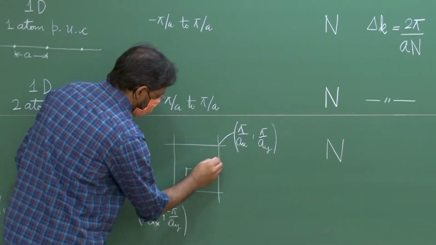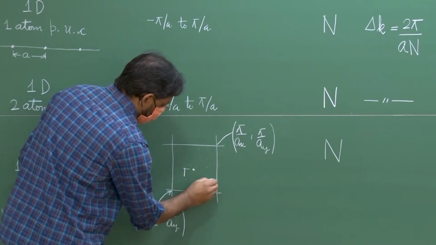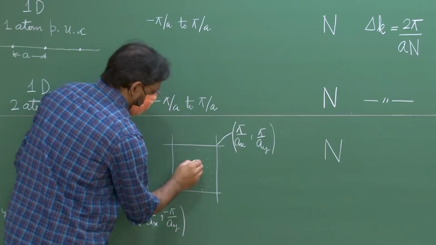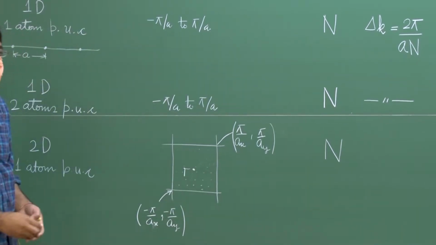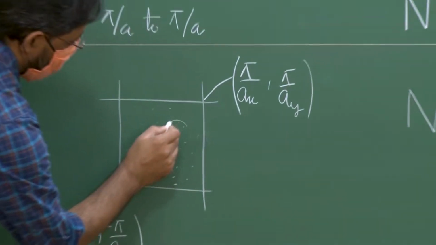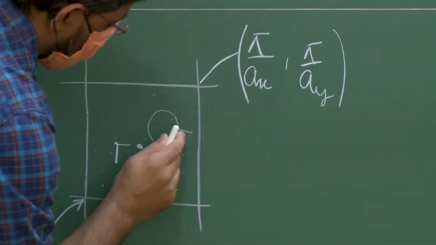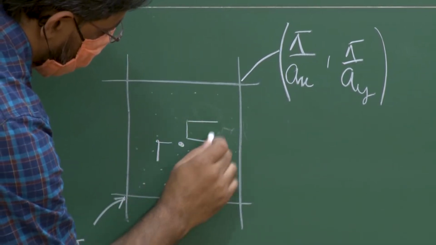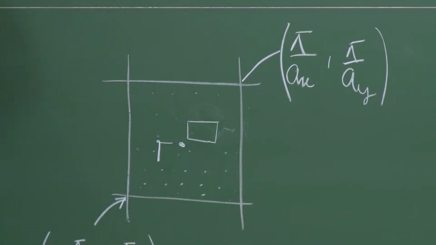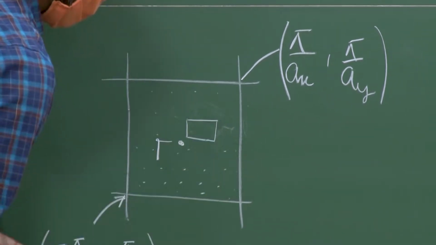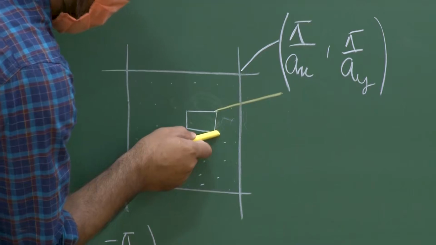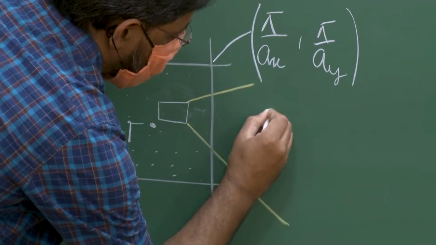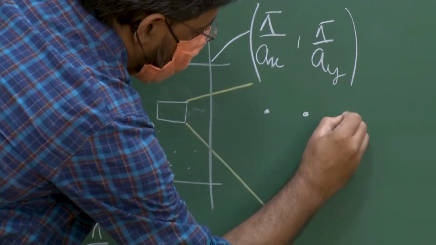Because n is very large, the number of k points is also very large. If you zoom in on any part of this region, you would see the k points nicely lined up, making a square lattice.